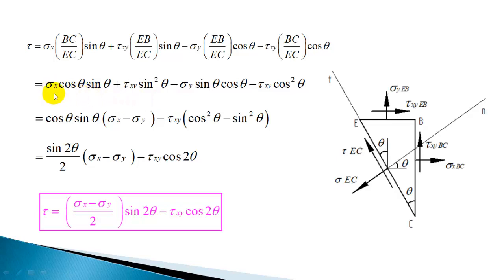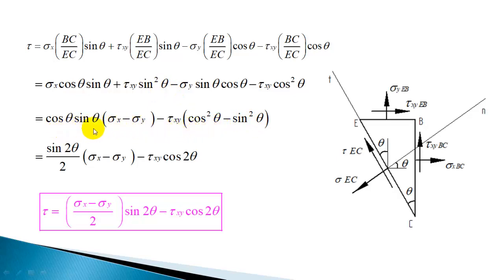Now in the first and third terms, cos theta sin theta is common. I will take cos theta sin theta outside into sigma x minus sigma y, and these two terms you can combine. So I take minus tau xy outside, and you will get cos square theta minus sin square theta.